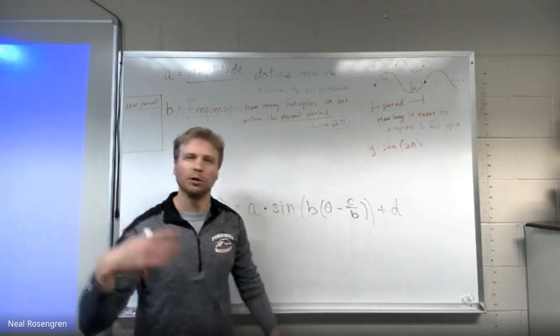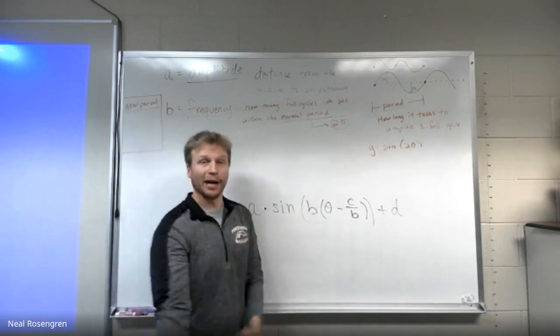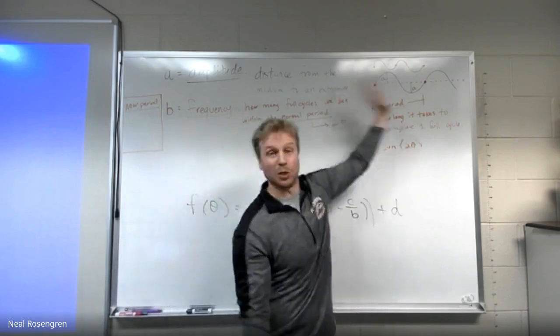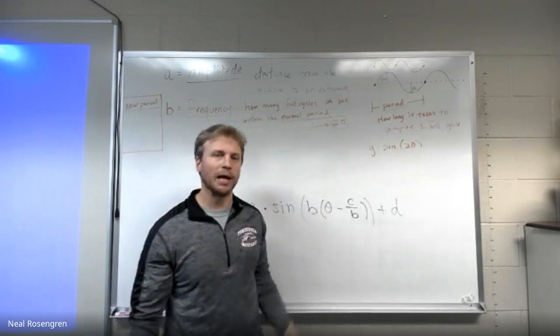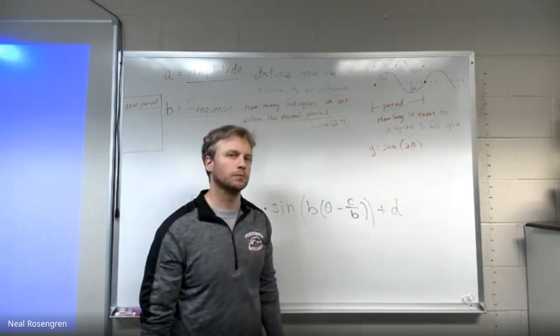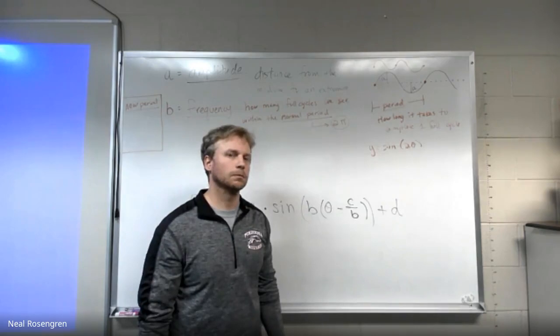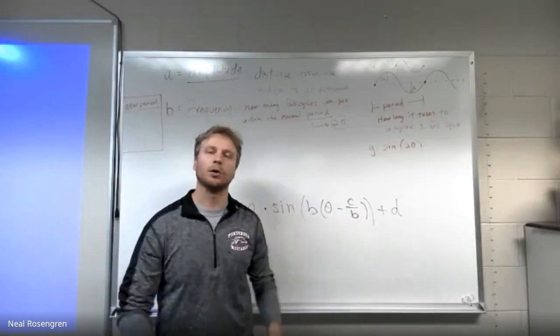I'd love to hear from you guys if you've got any ideas. If 2 pi is a regular one, and I can do it twice because I have sine of 2 theta, what's my new period for this transformed function? 1 pi. 1 pi, right? It only takes me a distance of pi radians to make it all the way through.